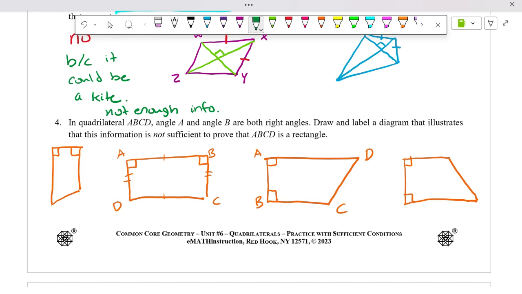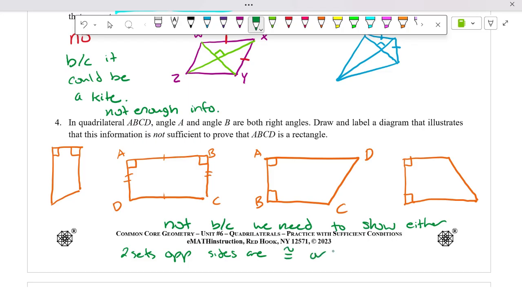So the reason it's not enough information is because we need to show either one set or two sets of opposite sides are congruent or parallel.